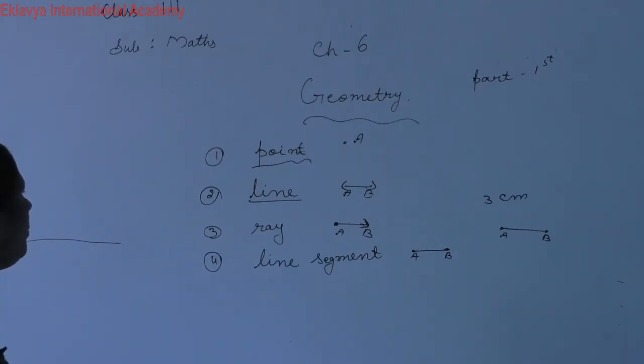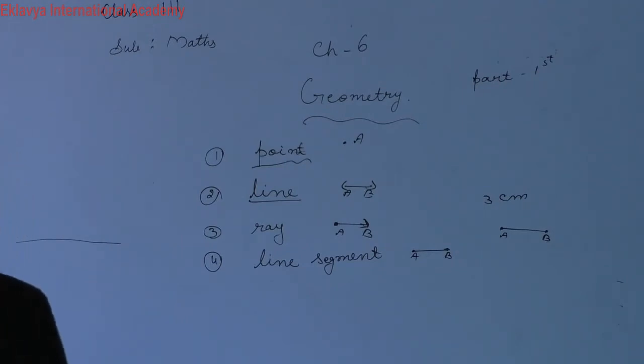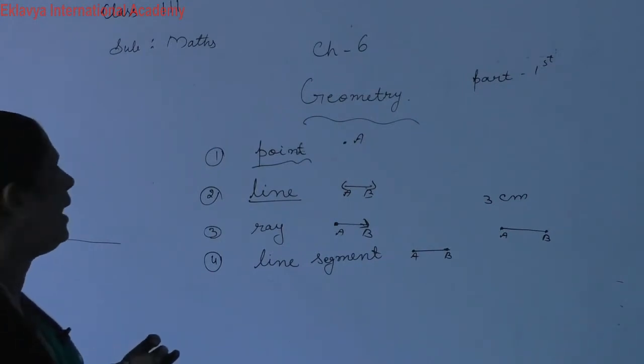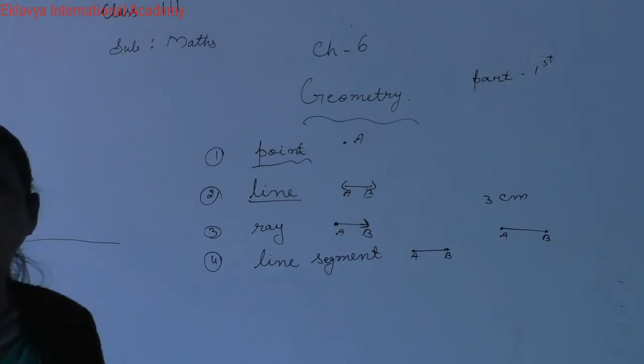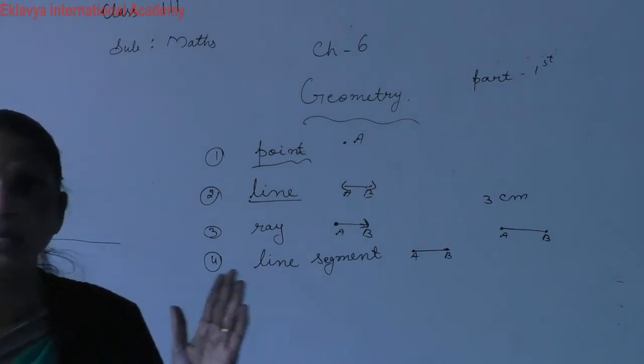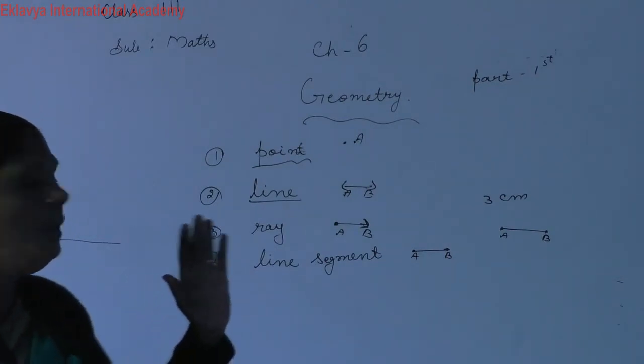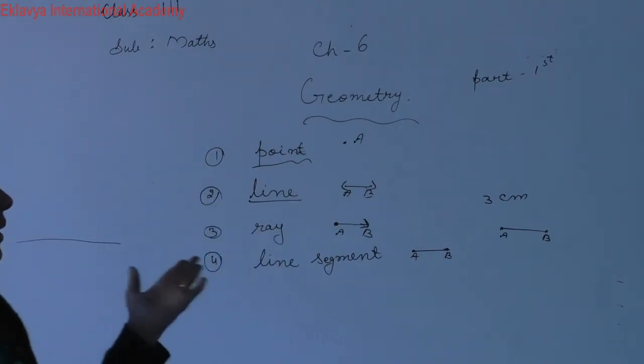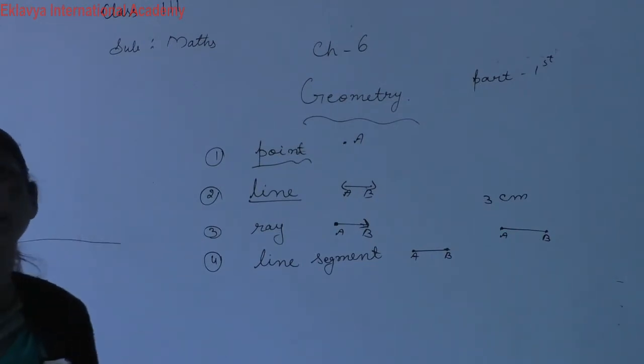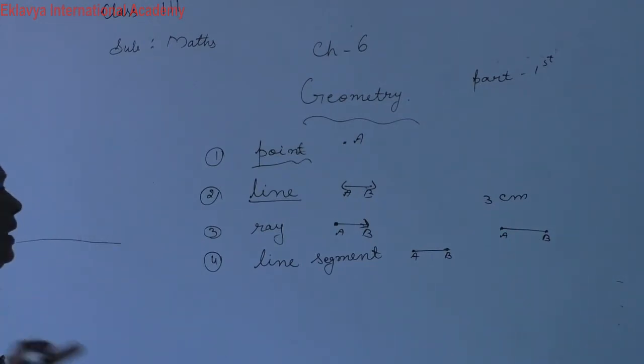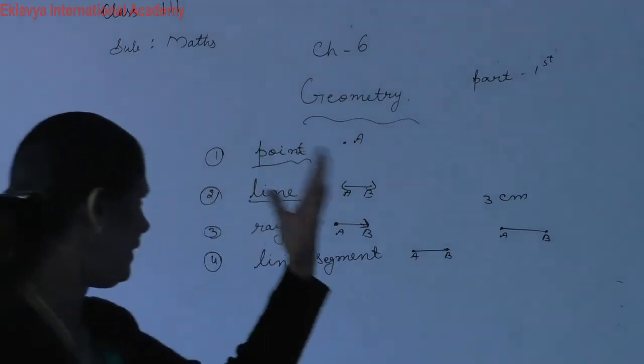Again, repeat. A point is a dark, thick point. We represent it in capital letters A, B, C, D. A line has no end point and extends in both directions. A ray has one end point and extends in one direction.